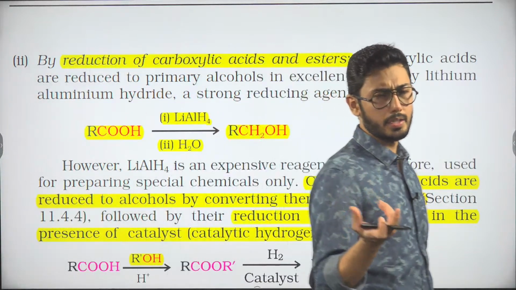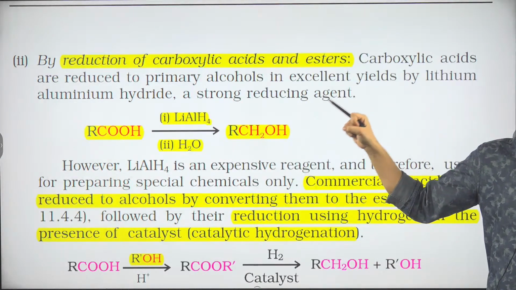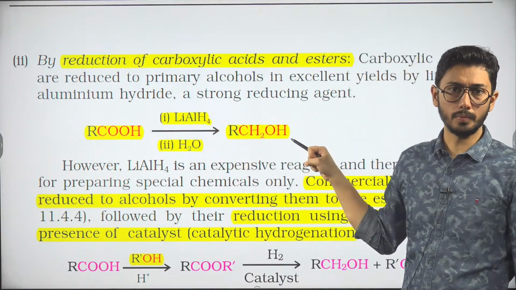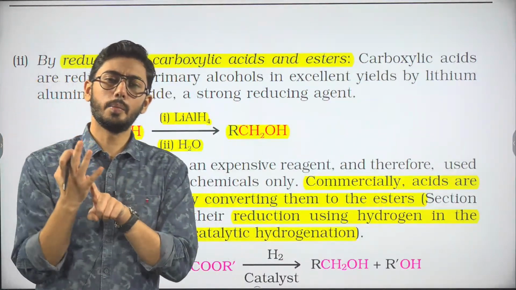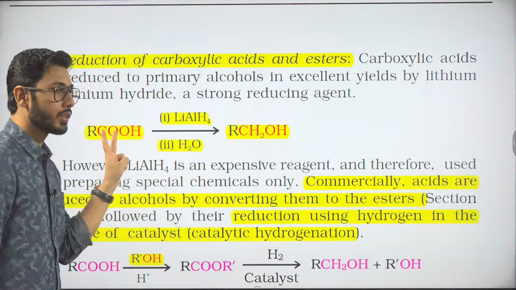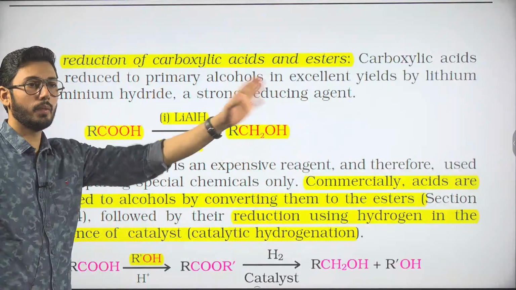Wherever excellent yield is mentioned, LiAlH4 is the reagent used. It's a strong reducing agent, and carboxylic acid is converted to primary alcohol. Okay, same reaction. Only thing is aldehyde gives primary alcohol, ketones give secondary alcohol, and carboxylic acid keeps on adding hydrogen up to primary alcohol formation. The other product will be H2O released.